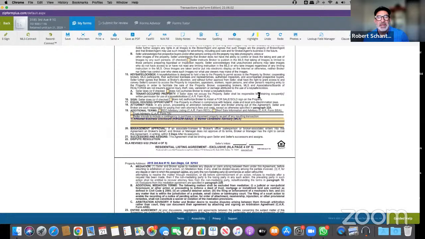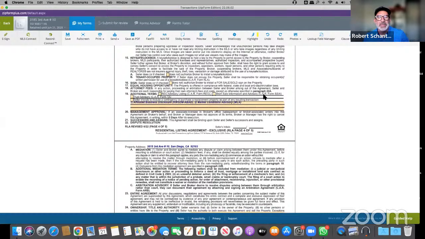If any of us decide to go sue each other, this is how it will go. This is how we'll proceed with it. 19 could be additional terms. Mark has templated the affiliated business disclosure as well as the market conditions advisory.